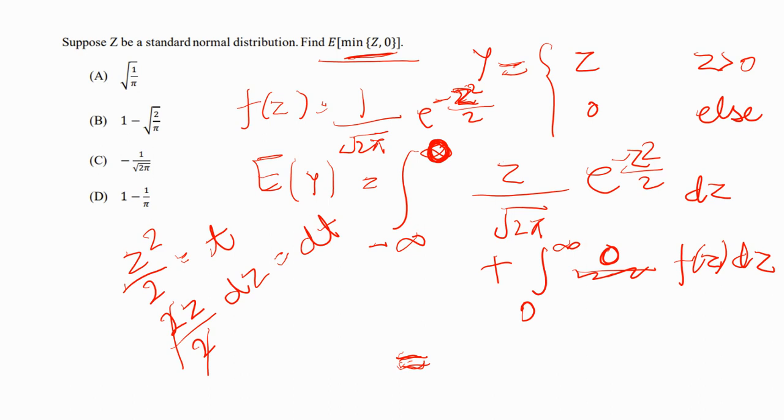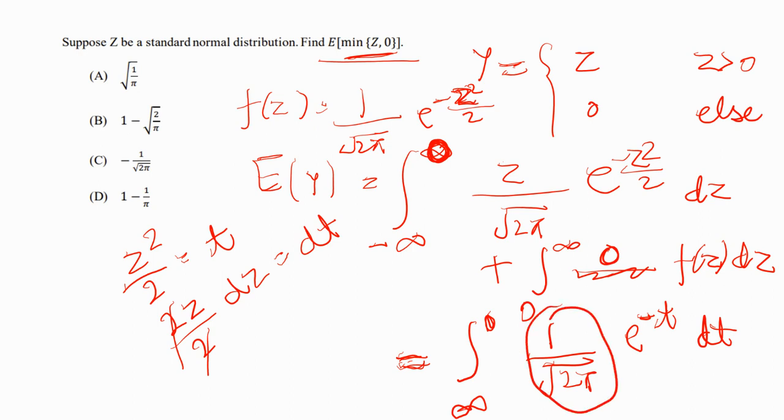At 0 it will be 0. So we will have infinity to 0, 1 upon root 2 pi e to the power minus t dt. Okay. Now this term is constant, it will come out. We are left with e to the power minus t.